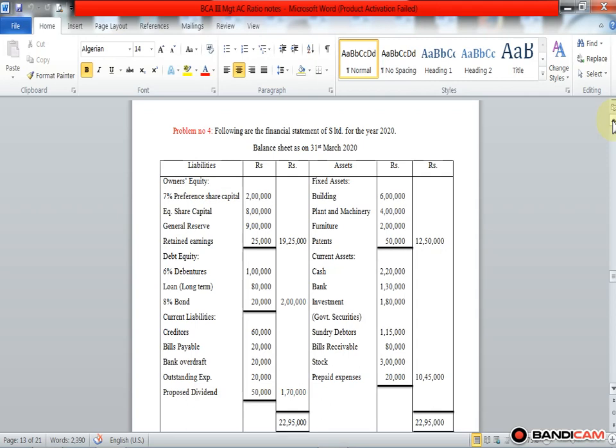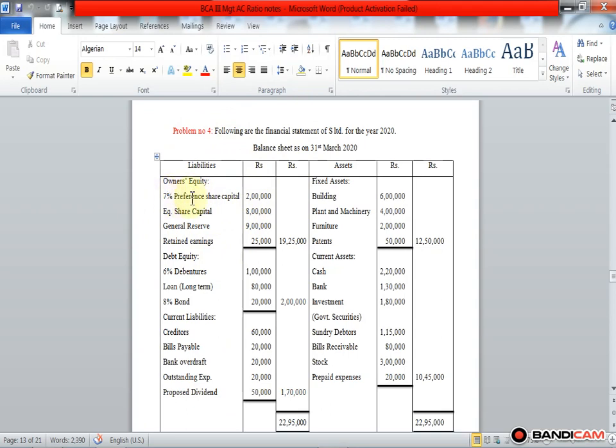Following are the financial statements of Yes Limited for the year 2020. Balance sheet as on 31st March 2020. Liabilities in rupees, assets in rupees. First I read the liability side.